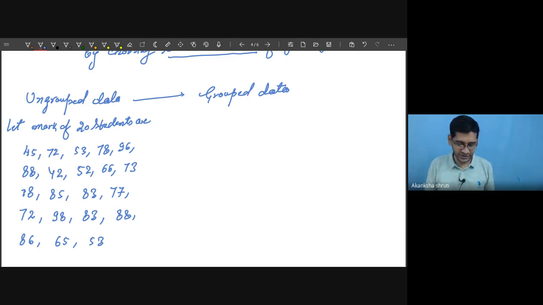Okay, that I will tell you later, just after this. So these are the 20 data that we are taking. 1, 2, 3, up to 20. Wrongly we have written the 21st data, so let us keep only the 20 data.